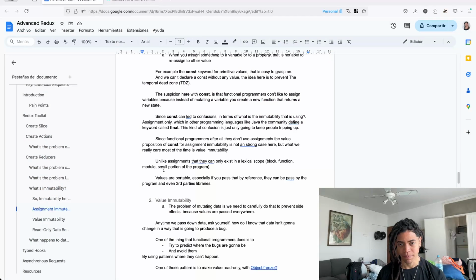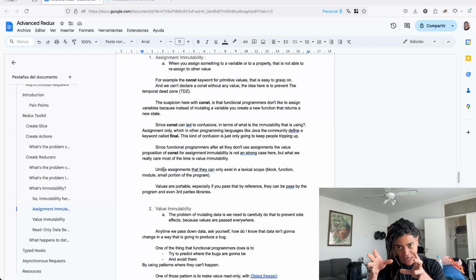Unlike assignments, which can only exist in a particular block scope, if you keep that block scope small, that's not where most of the problems happen. But because values are portable, they can be in different places, even go through third-party libraries and come back. This is what causes most of the undesired side effects.